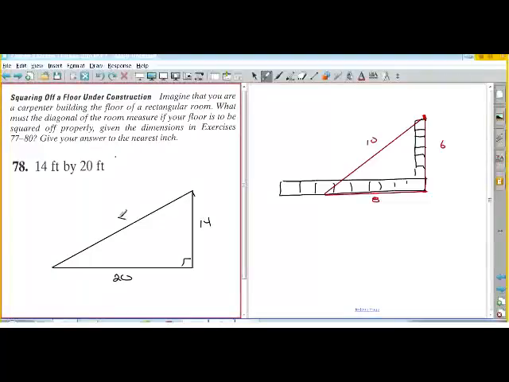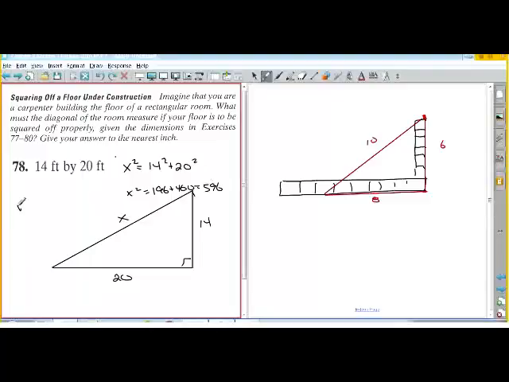So they're saying this one's 14, this one's 20, this is x. So all you have to do is say x squared is equal to 14 squared plus 20 squared. So 14 squared is 196 plus 20 squared, which is 400.